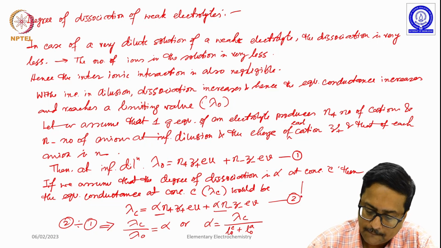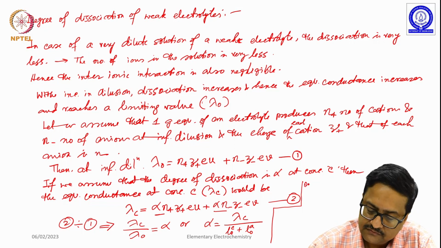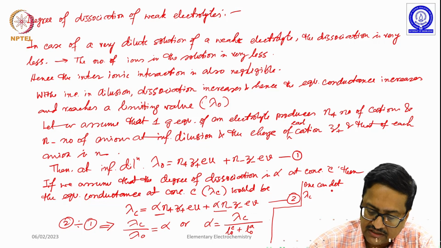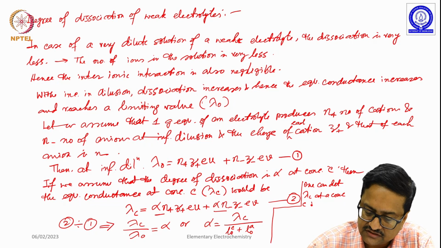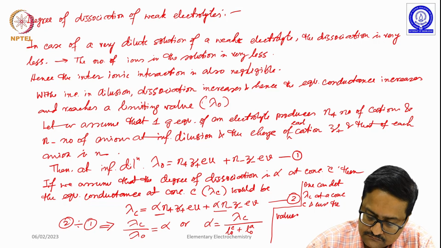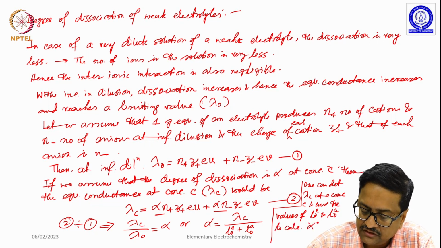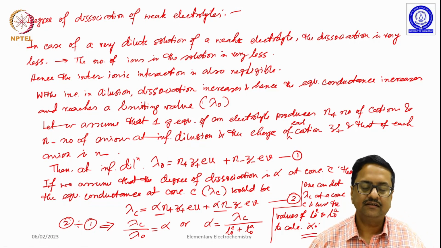So one can determine lambda C at a concentration C and use the values of L0C and L0A to calculate the degree of dissociation alpha using this expression, right?